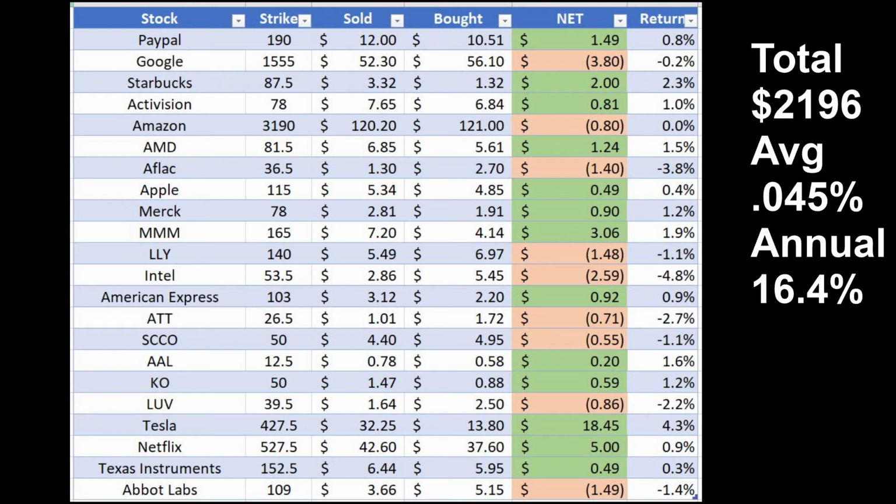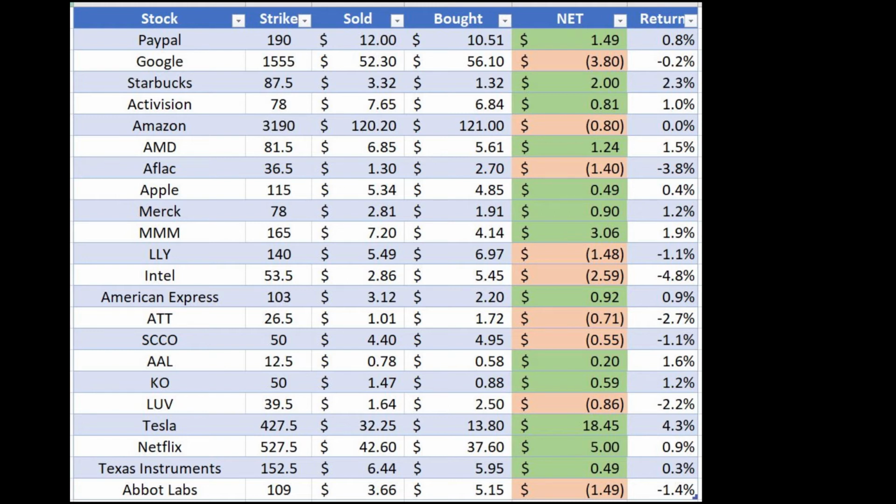Especially when you consider that I got 13 winners and 9 losers, and there's not really a big difference in the amount of winners. It isn't like I had 80% winners and 20% losers. It's 13 and 9, which isn't that great. But there's one thing that kind of stands out in my little experiment here, and that is Tesla.